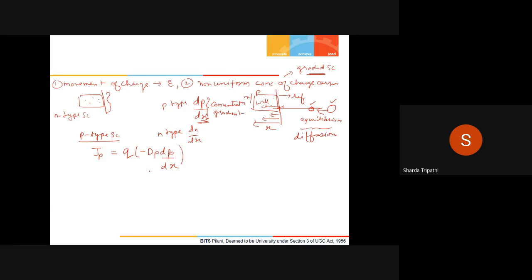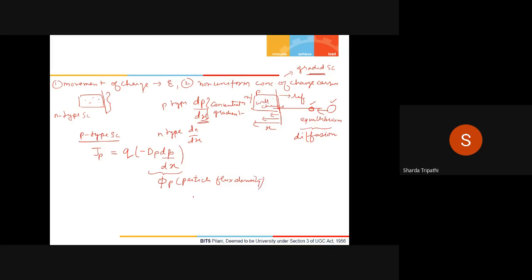So what is this? This term which I wrote inside the bracket is actually the particle flux density, also denoted by phi p. You call this particle flux density.